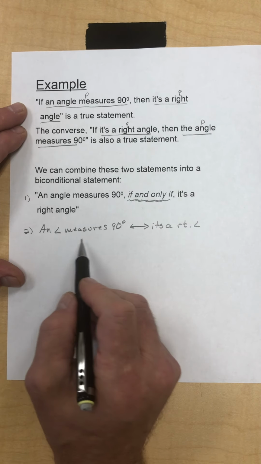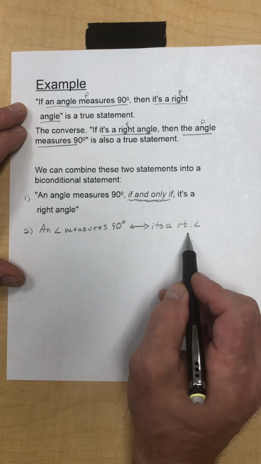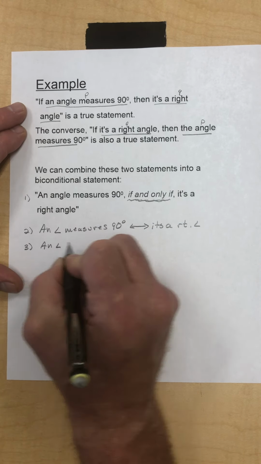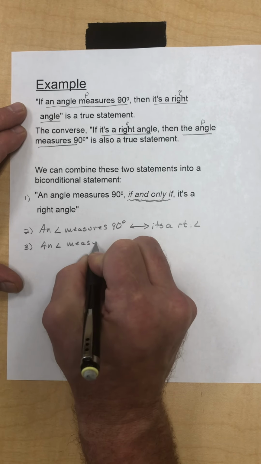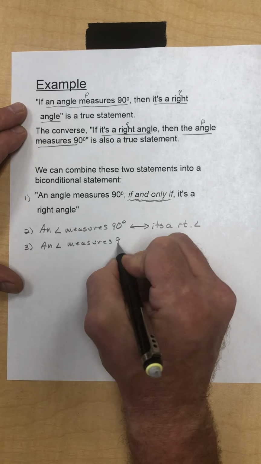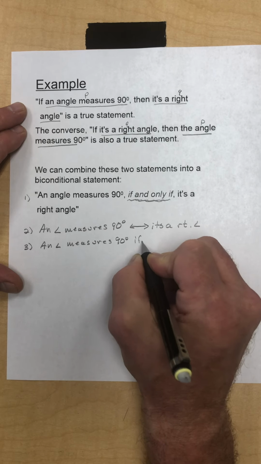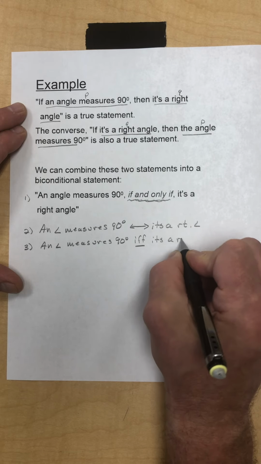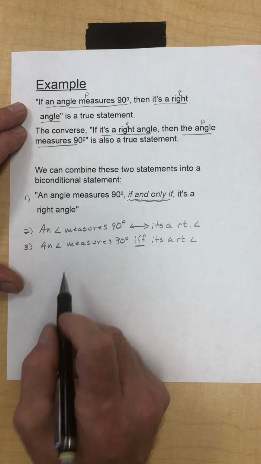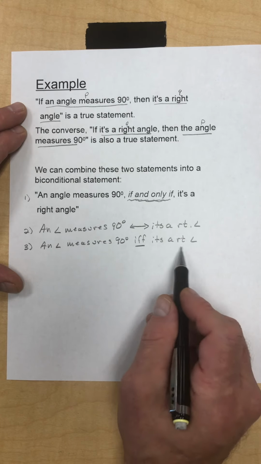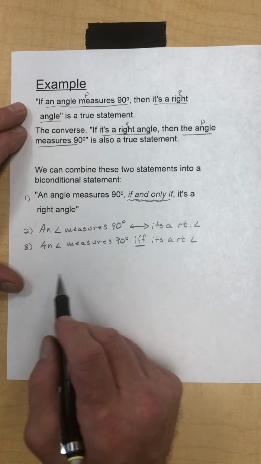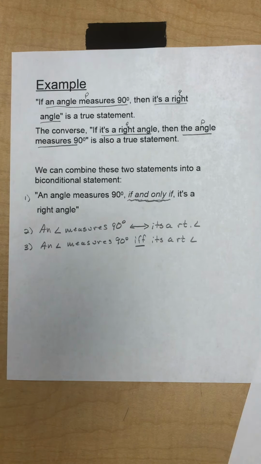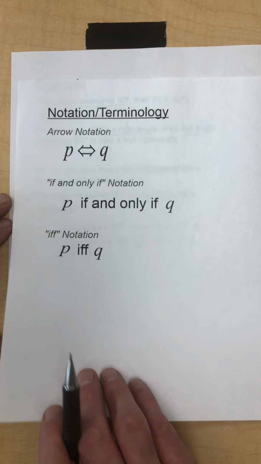And we still read it, an angle measures 90 degrees if and only if it's a right angle. The other way I could do the same thing, an angle measures 90 degrees IFF it's a right angle. I use this IFF as much as possible, but it doesn't make any difference. So we have three different ways to represent a biconditional.